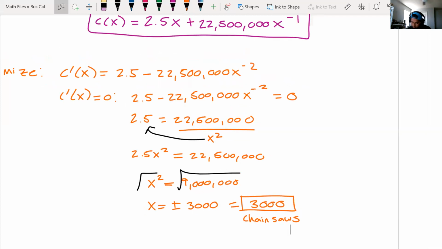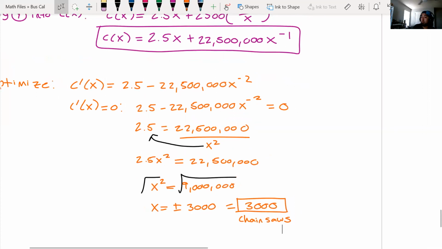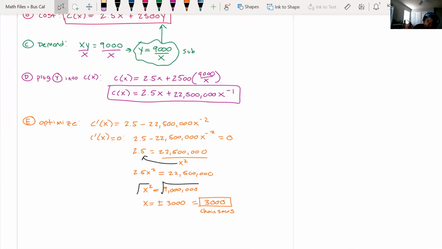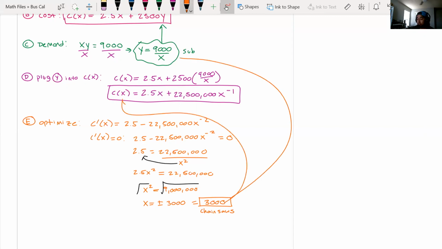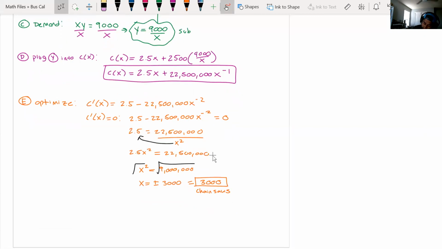Okay. And now take 3,000 and plug it into y and plug it into the cost function c of x. So plug it in there and there. I'll leave those up.